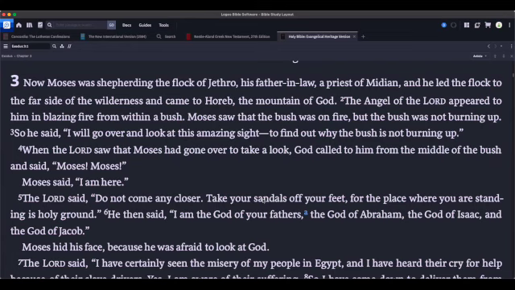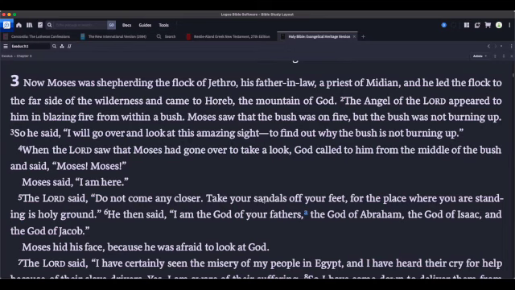The next 40 years he's living in Midian as a shepherd, and he gets married and has a family there in Midian. And then the last 40 years and a little bit is the time of the Exodus and the wandering in the desert. And then when he's 120 years old, he dies on Mount Nebo, and then God buried him there. So Exodus 3 reads like this.